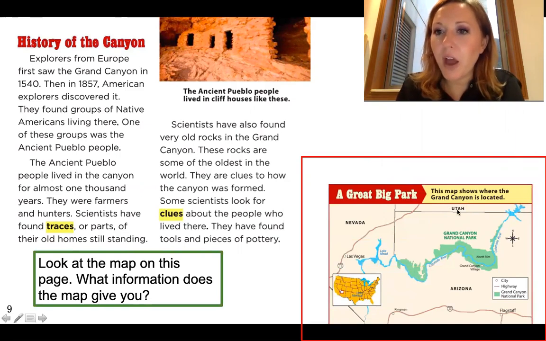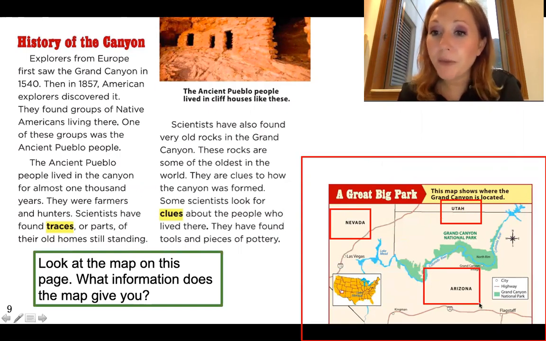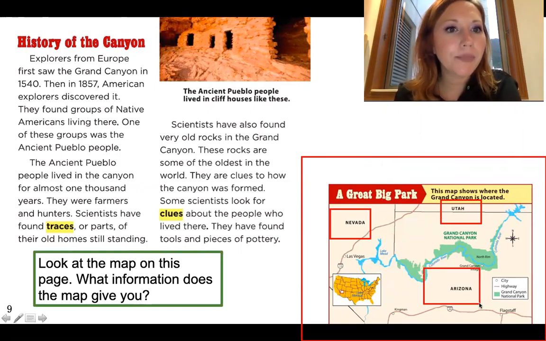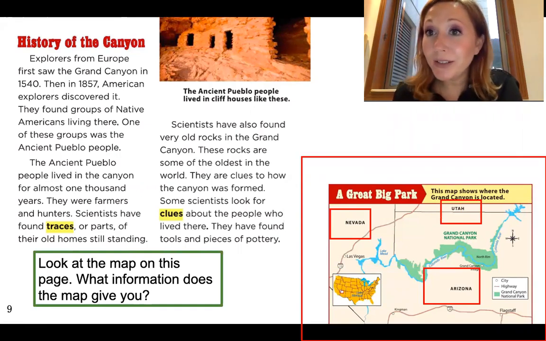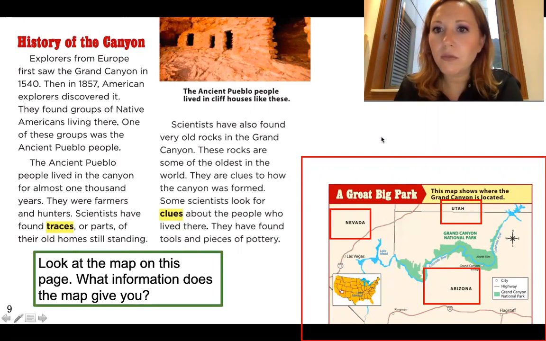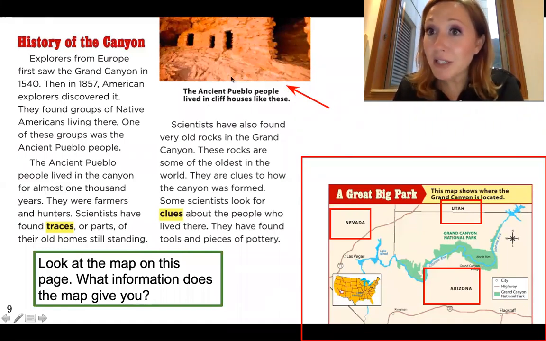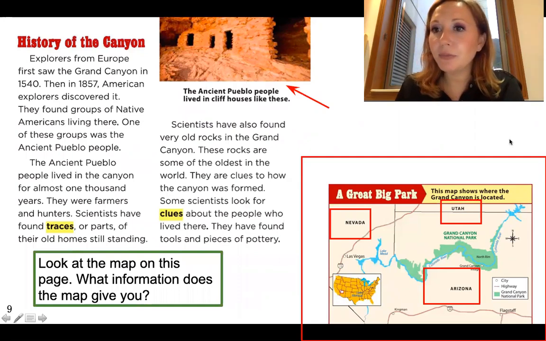All right, we've got Utah, Nevada, and Arizona. Absolutely, very good. And who were the ancient people who used to live in the Grand Canyon? Very good. So it was the ancient Pueblo people, and they used to live in cliff houses that looked like this.